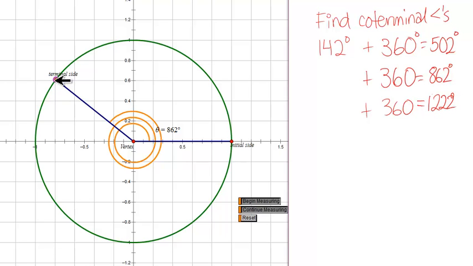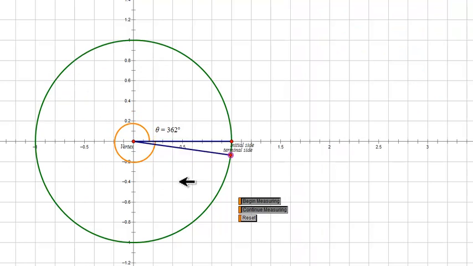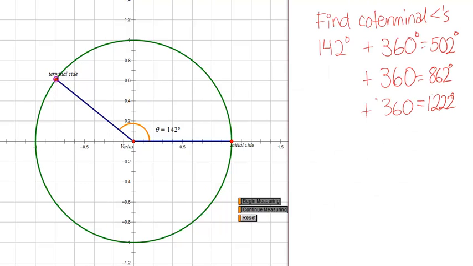Now if we want to unwind it, we could subtract 360. We'd have to subtract it so many times until we get back to here. We wanted it to be the same as 142, so first we would need to subtract the 360 away from this until we get back to 142.